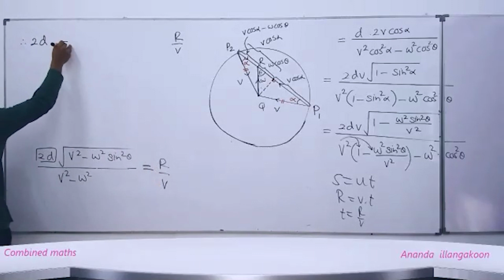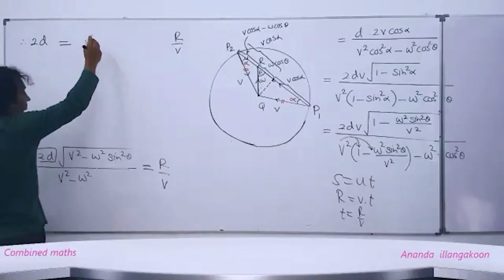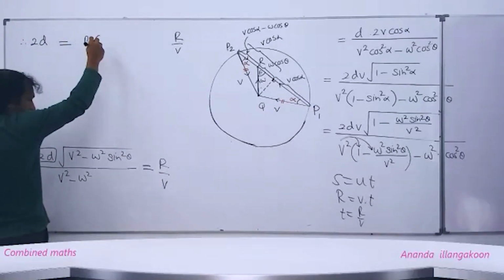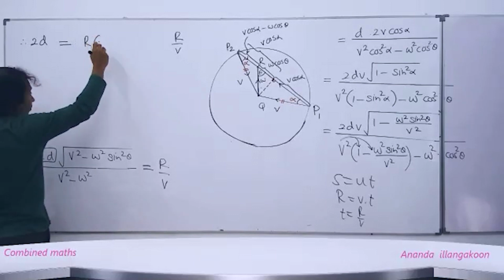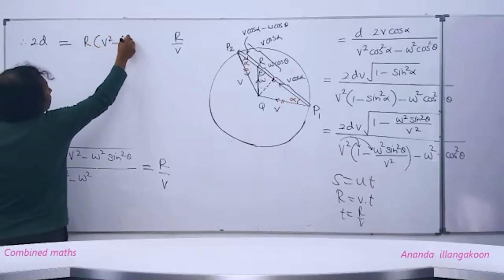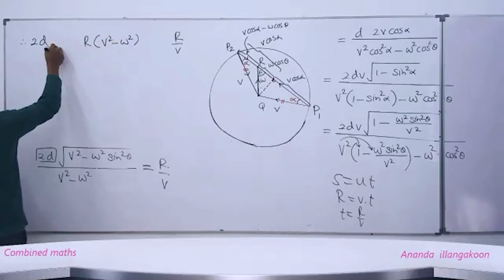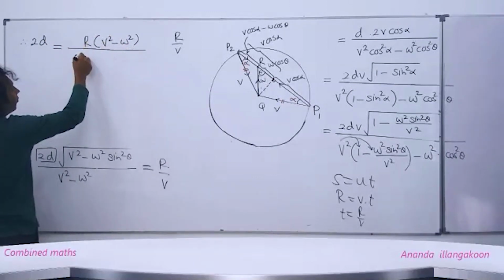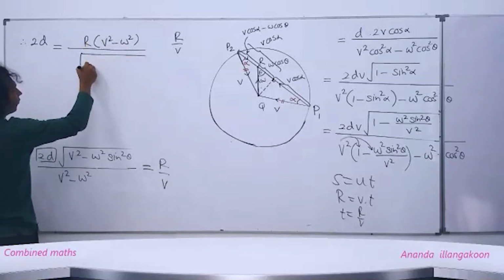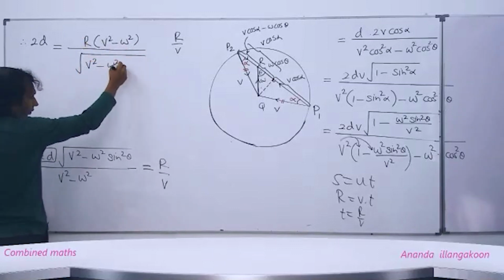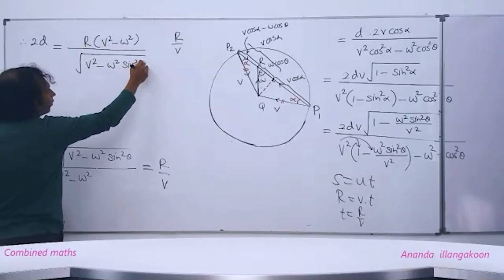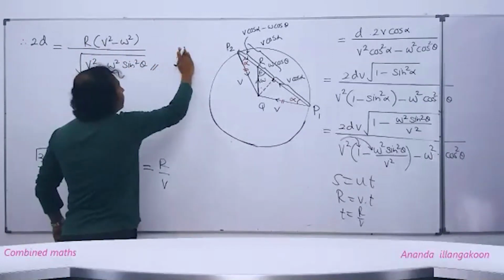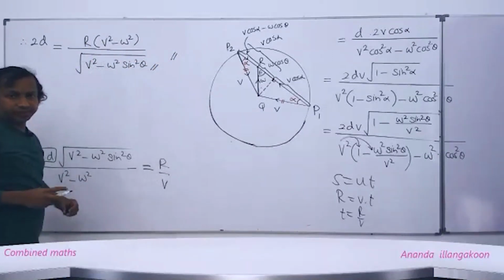This is equal to R times v squared minus w squared. Right. Is this not the distance traveled? Right now, people.